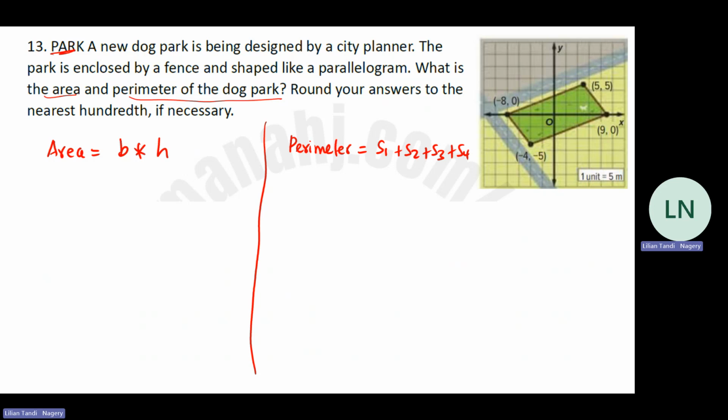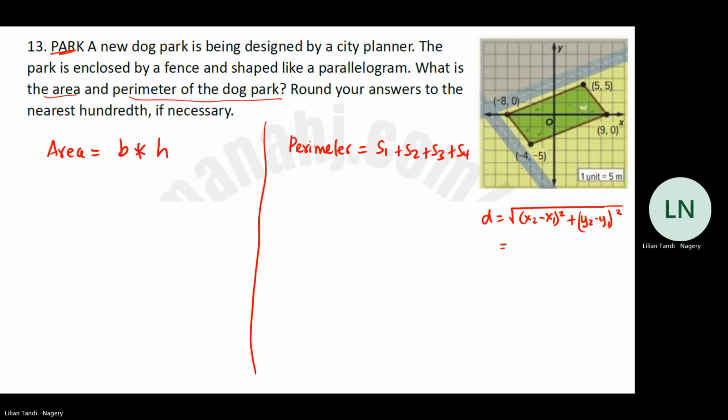So we will use the distance formula to find the long side and to find the short side. So the distance formula equals the square root of x2 minus x1 squared plus y2 minus y1 squared.